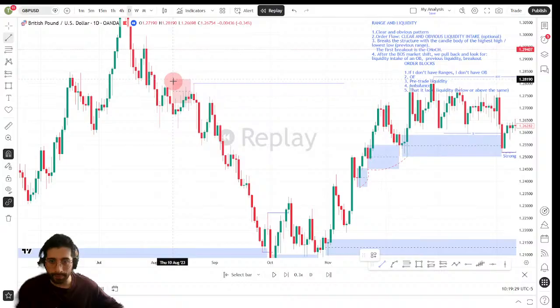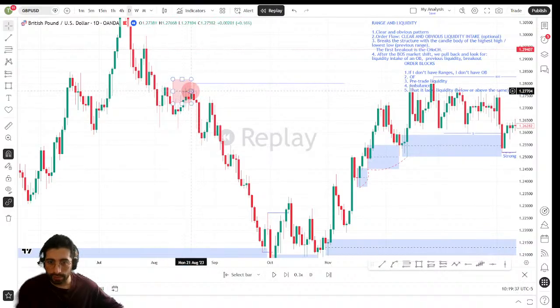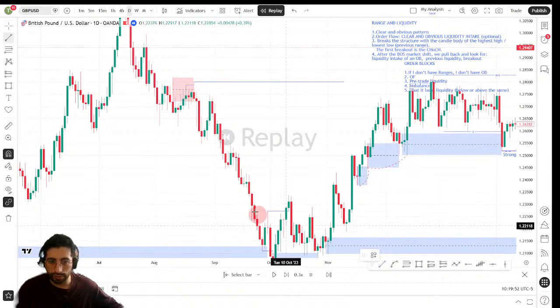But to be honest, guys, I would take it as a reference point, but it won't be my strong high. I'm gonna let you know why. Look, it takes a liquidity inside an order block, and they make a BOS, break the structure, and so on, right?